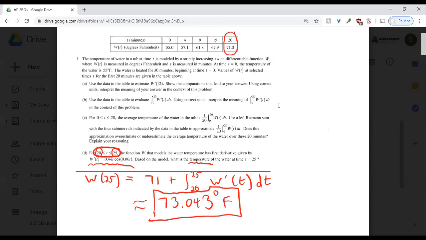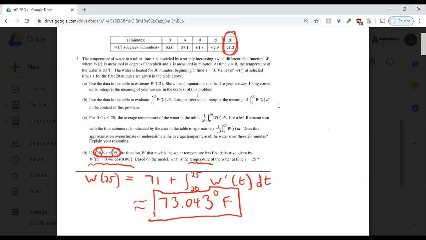Wait, so when would you use this formula? You mean the starting value plus net change? Yeah. Anytime you know, like here we know, if it gives you an interval, that's a clue right there. So you're going from the 20th minute to the 25th minute. So in looking at the table, it gives you the temperature at the 20th minute.